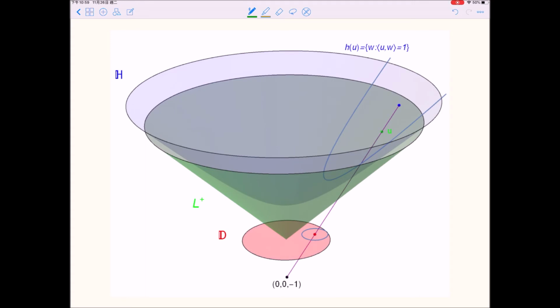So this is a plot from Mathematica. The blue part here will be the hyperboloid. D will be the Poincaré disk. And say if you have a point u, then you have the line joining the blue point with (0, 0, -1), and the intersection will be this point here.